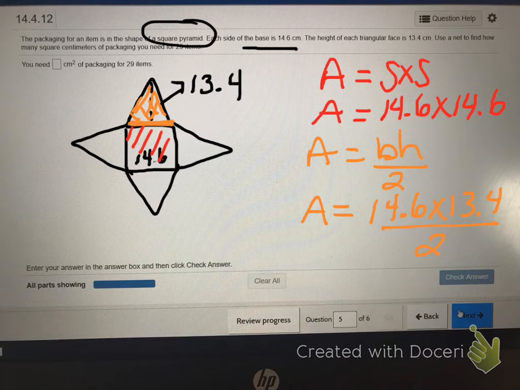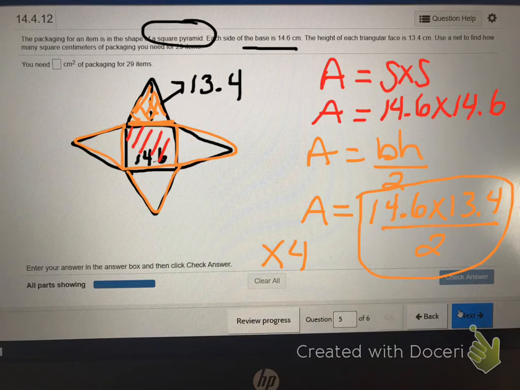But you have to remember that each one of these triangles are exactly the same as the first original triangle. They're all equivalent. So we can take our answer to this area question and multiply it times 4 because there are 4 triangles.